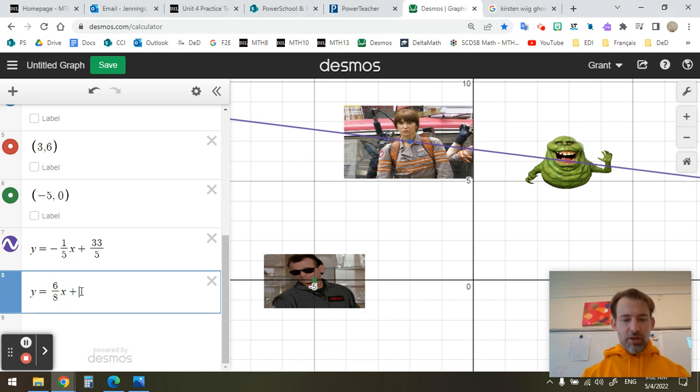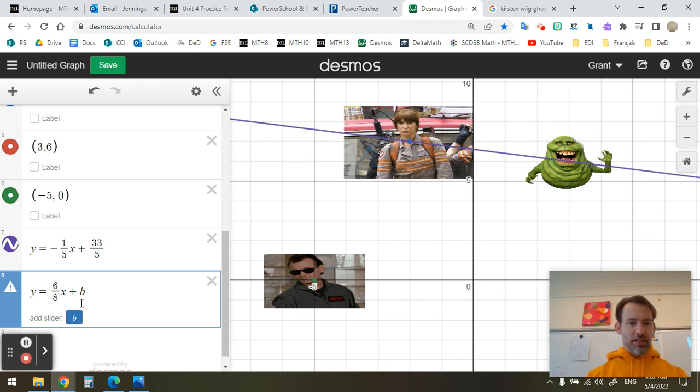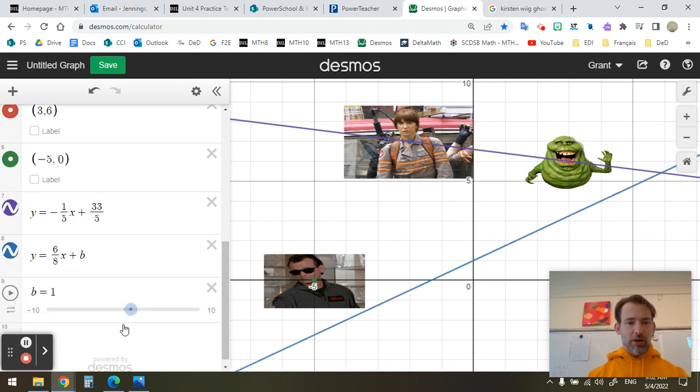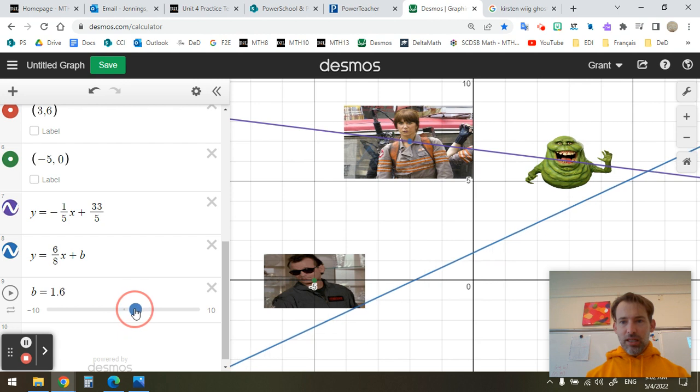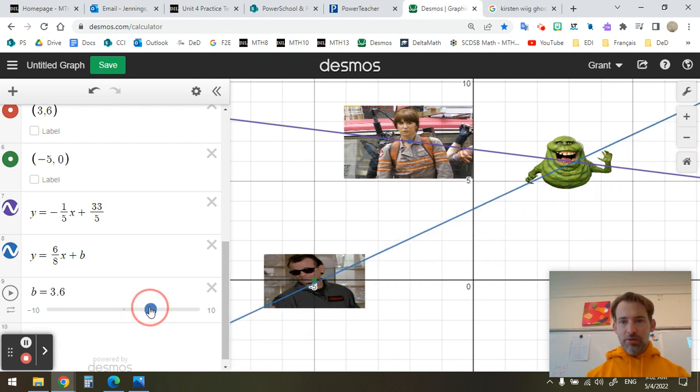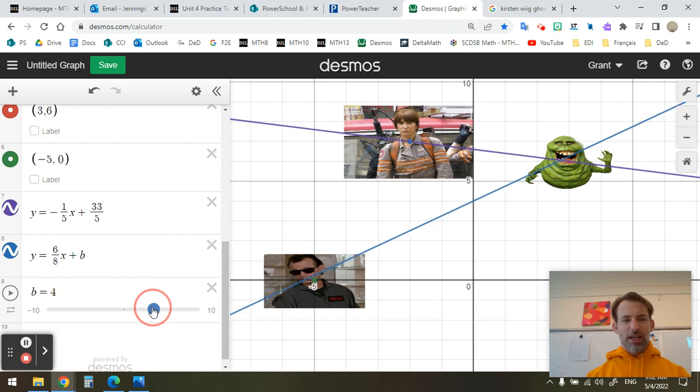So we could add a b and then use a slider to see where exactly that is going to be. I play with it and find it's around there, 3.7. So it looks like it's going to be 3 point, somewhere in here, probably 3.75, be my guess.